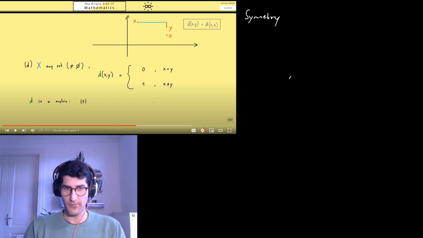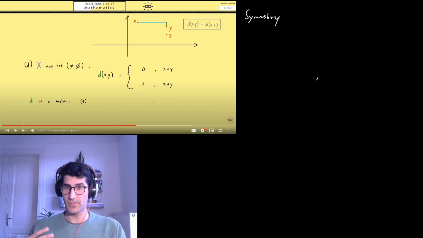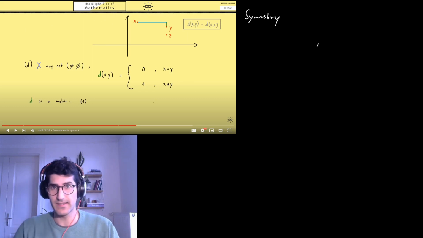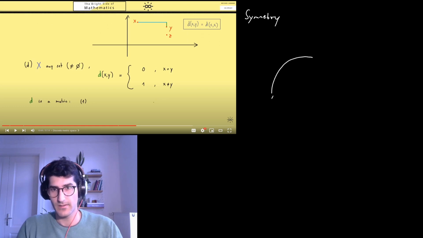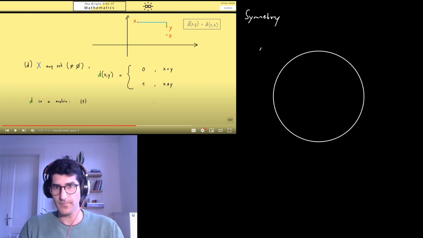Recall the good news from before. Every set can be made a metric space. So in particular, we do not need the vector space to get to a metric space. We can also just take a set. And the set that I want to make a metric space now is just the unit circle that we call S1.